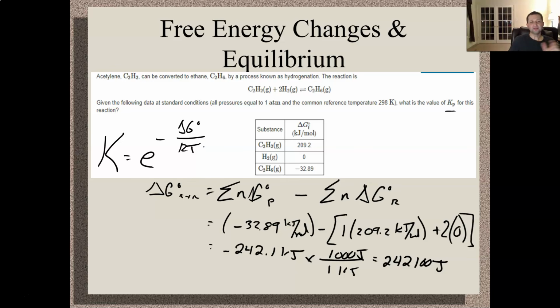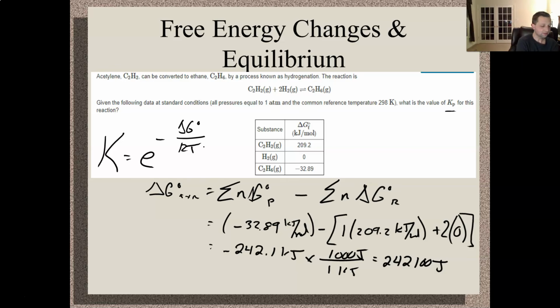Calculator mistakes happen all the time every year on this. So I type in my delta G over RT in my calculator, I hit equals, I multiply it by -1 because it's negative delta G over RT, and then I raise e to all that stuff.